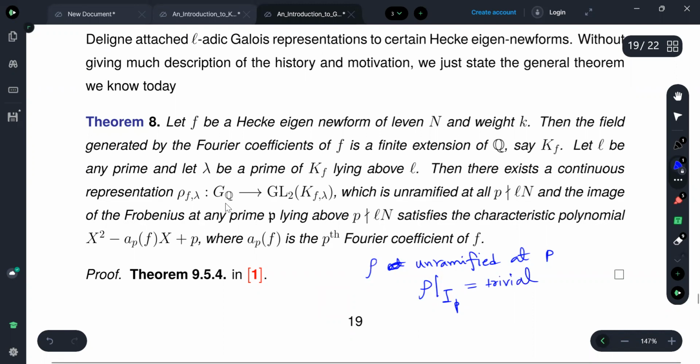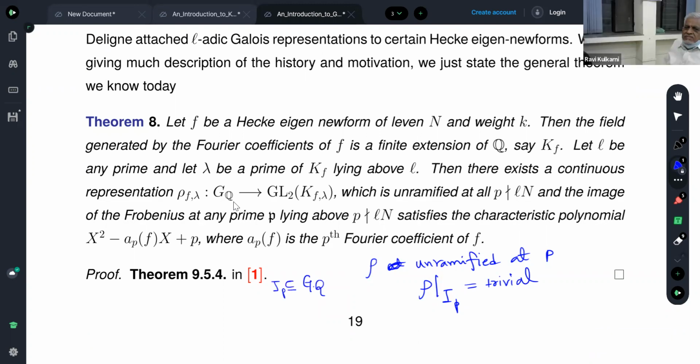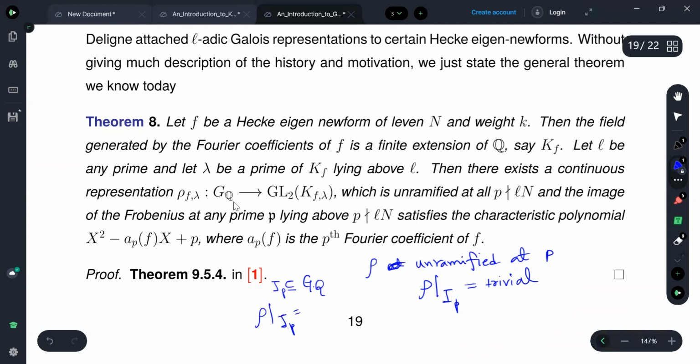That is, you take a representation of G_Q_p, or maybe G_Q, then I_p is a natural subgroup of this, right? Yeah. Then if you restrict rho to I_p and you get the trivial representation, that means it just acts trivially.